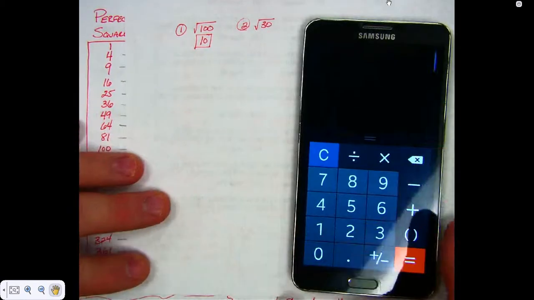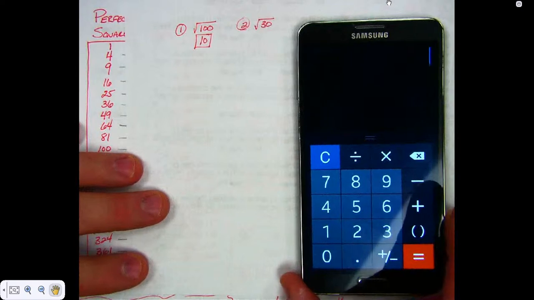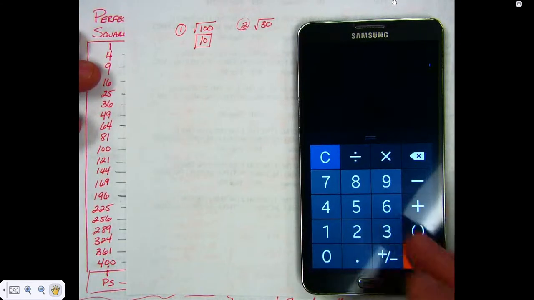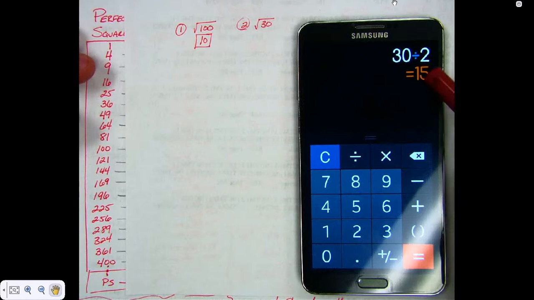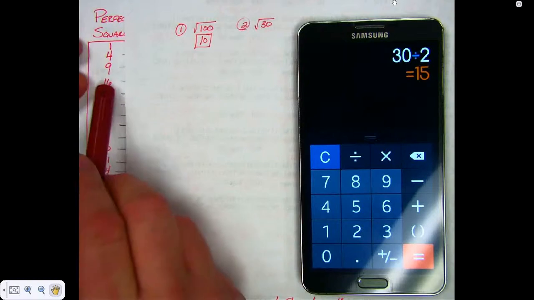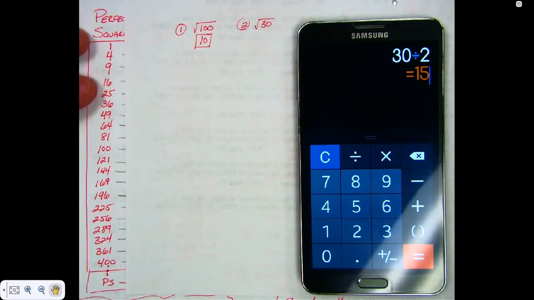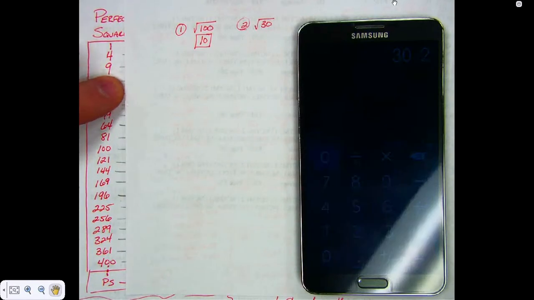For instance, where should I start with the number 30? 30 divided by what? There's no number bigger than 15 other than 30 that will divide into it evenly, is there? So when I come over here to my list, what numbers and up do I need to not even worry about? 16 and up.